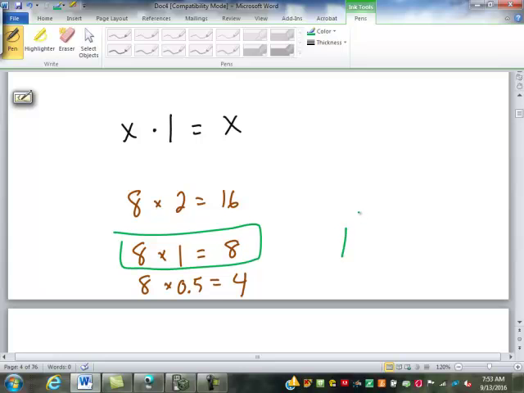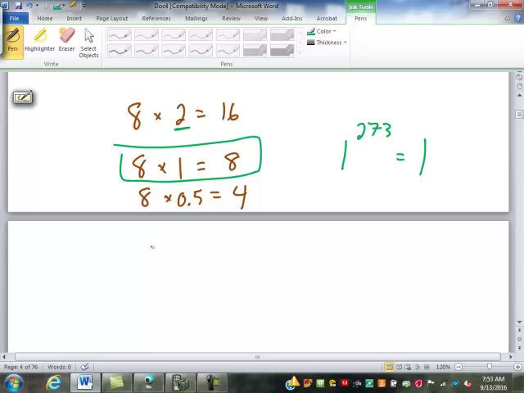1 to the power of 273 is just 1. I can multiply 1 by itself as many times as I want to. It's never going to change from 1. I can multiply something by 1 as many times as I want to, and it's going to stay the same. If I multiply it by something bigger than 1, it's going to keep getting bigger, even if it's just slightly bigger. And if I have 1.1, that's bigger than 1, right?